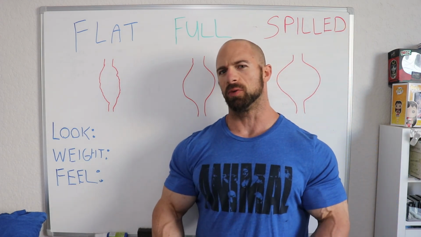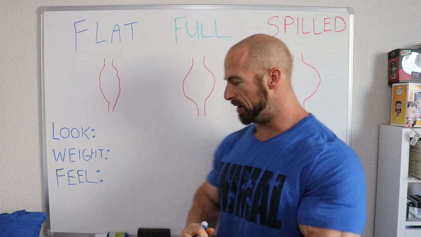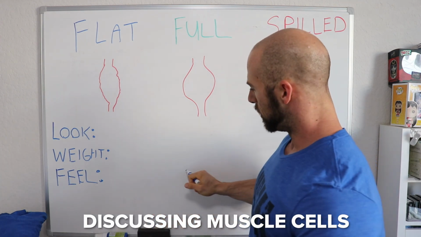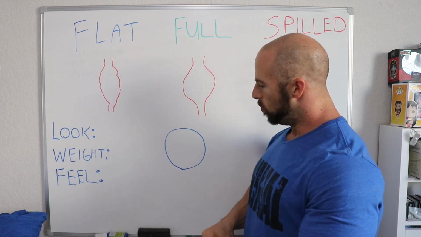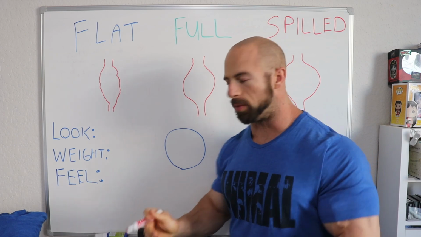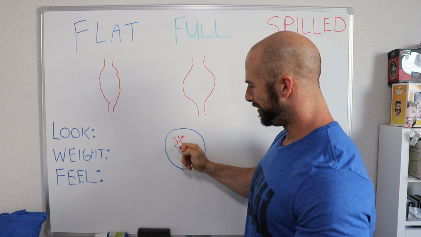The components we're talking about get down to the cellular level, within a cell, and in this case we're going to be talking about a muscle cell. Let's say our muscle cell is comprised of some glycogen, which is a stored form of carbohydrate. So this is going to be my glycogen molecule.